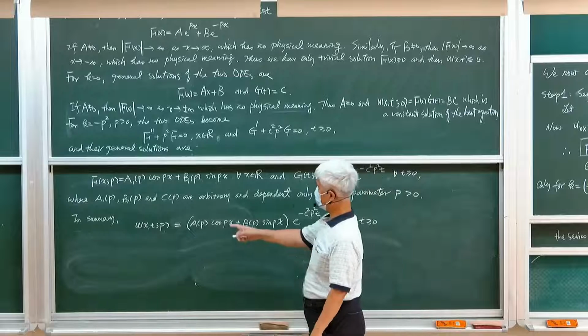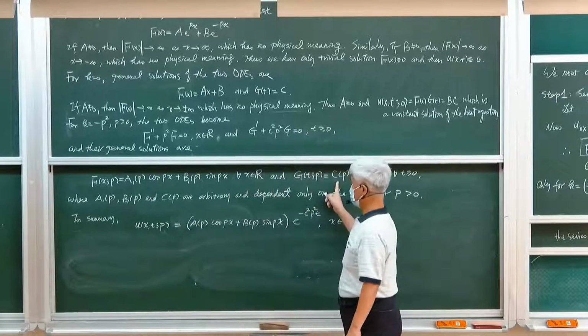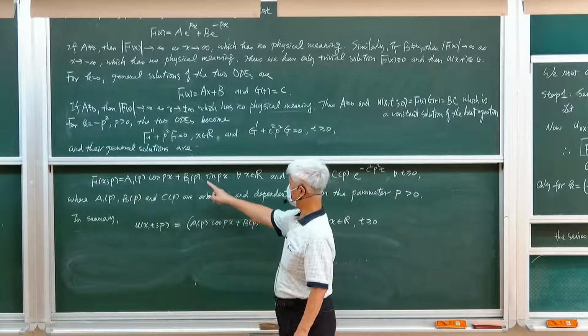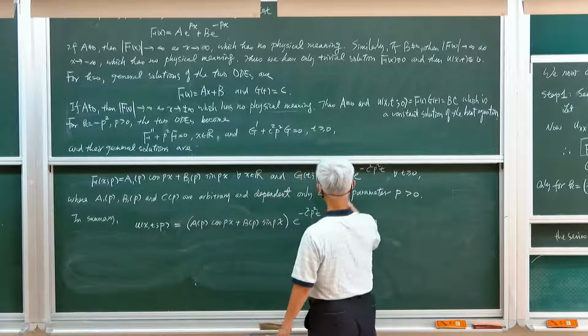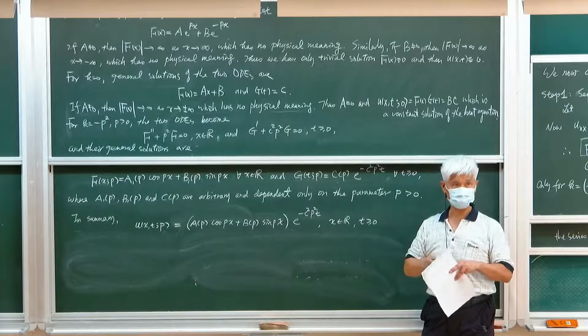And you can see Ap is just the product of A1p and the Cp, and the Bp is the product of B1p and the Cp. Okay, so they can merge together.